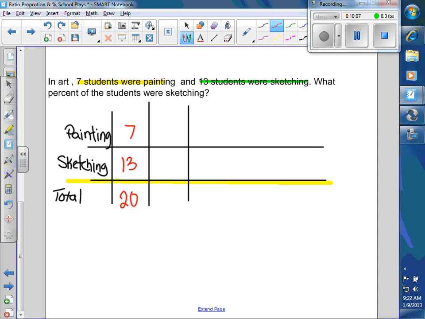So Sarah, how are you going to help me get to percents? What do I need here? Because right now, the question is, what percent of the students were sketching? And I have 13 per 20, right? But I want percent, so I need to have per 100.